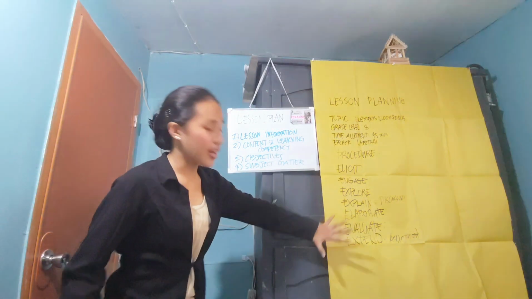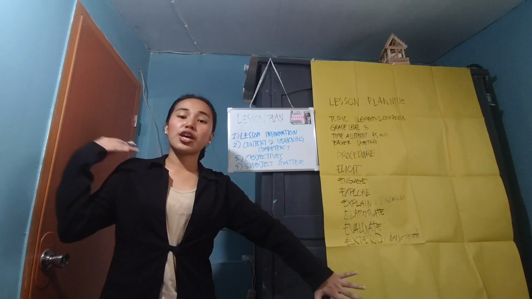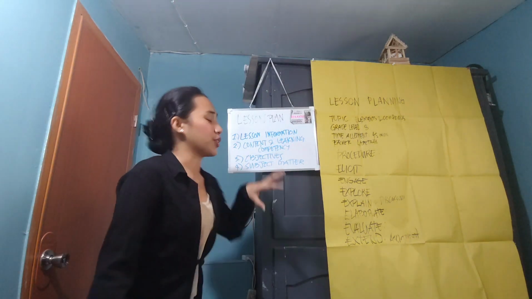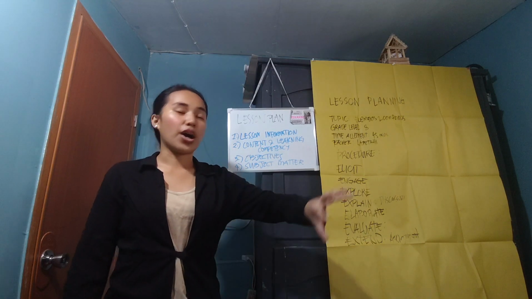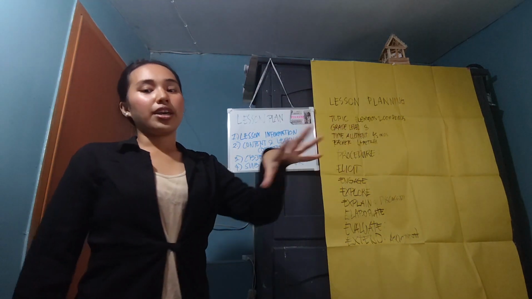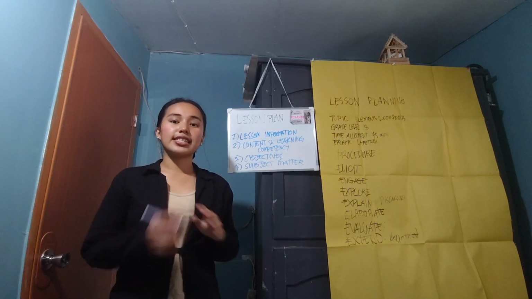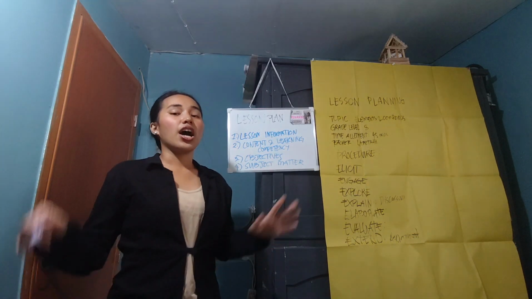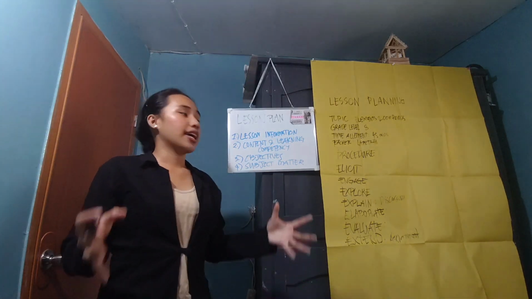And then lastly we have the extend part. This is where it goes beyond. It's more on assignments that you let your students do after the lessons. So that is the 7E model of the lesson plan.